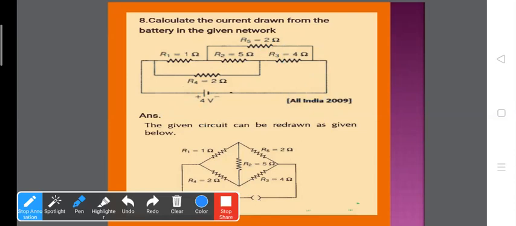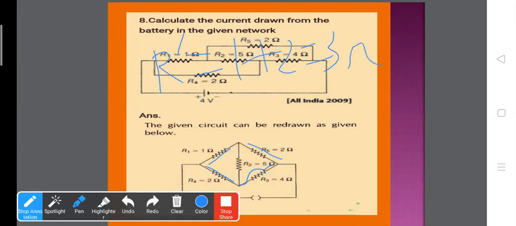Clear? So resistance R1 and resistance R5 are in series combination, and resistance R4 and resistance R3 are also in series combination. Adding R1 and R5 in series, we get 1 plus 2 equal to 3 ohm.